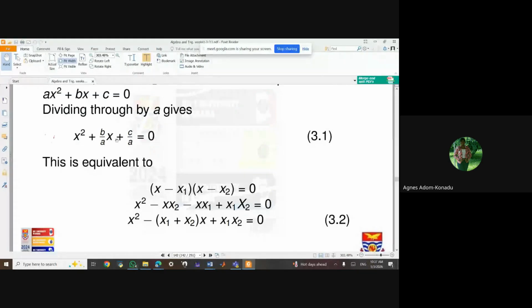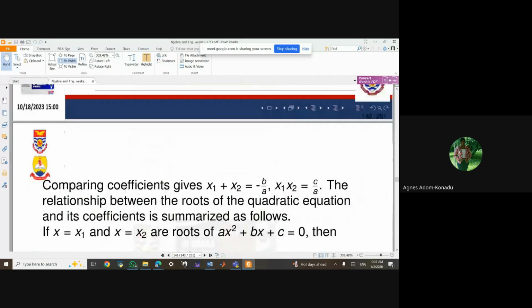And my c over a is equal to x1 times x2. So by comparison, I'm going to get x1 plus x2 to be equal to negative b over a, and x1 times x2 to be equal to c over a.